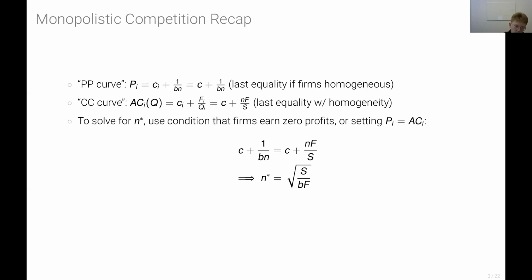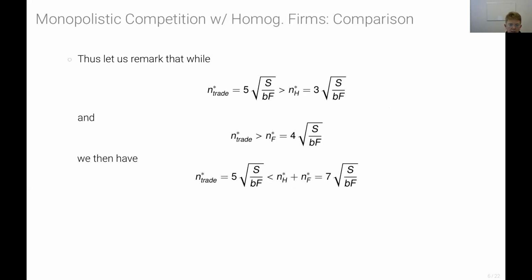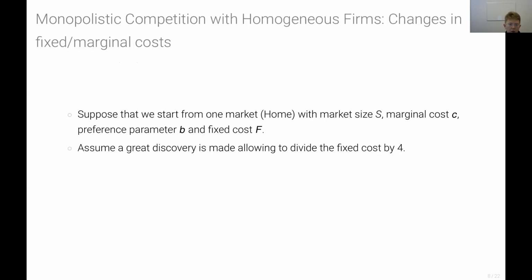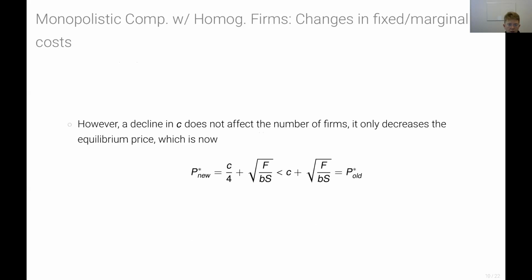Then you note that if you just look at the left-hand side and the right-hand side of the first equation, the C's are just going to cancel out. And so the number of firms isn't going to depend on the marginal cost.